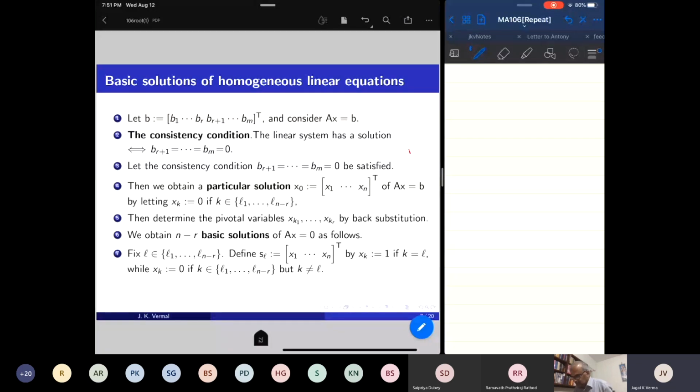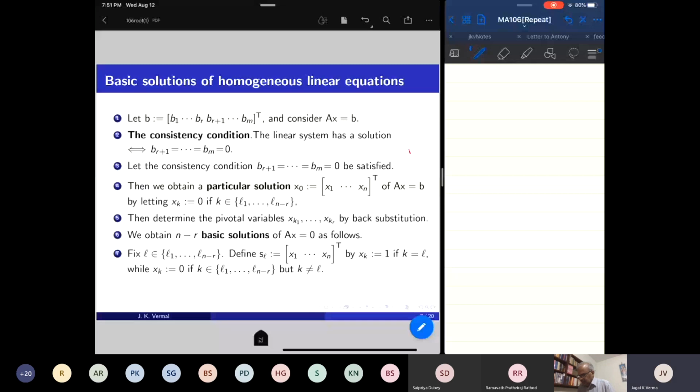Suppose we have 3 free variables. We can find particular solutions by substituting any values for the free variables. So what we do is take these free variables, and one of the free variables we set equal to 1, say xk, and the other free variables we set to 0.